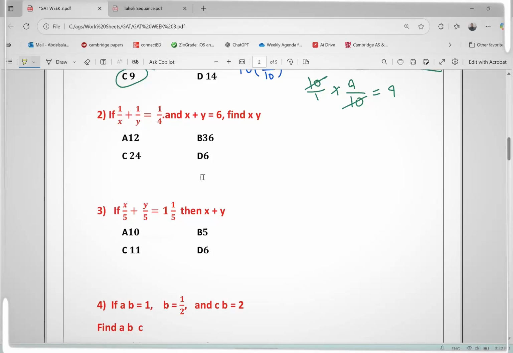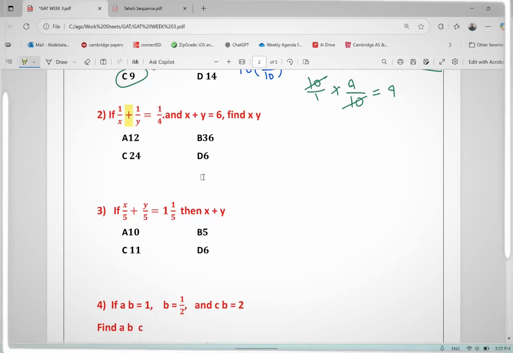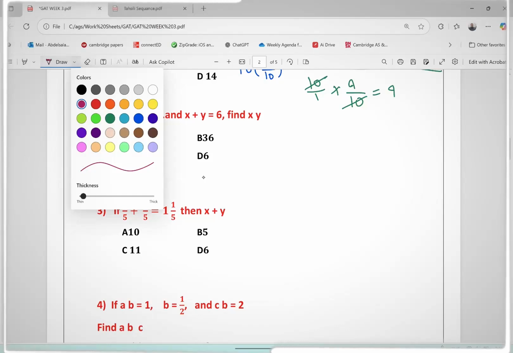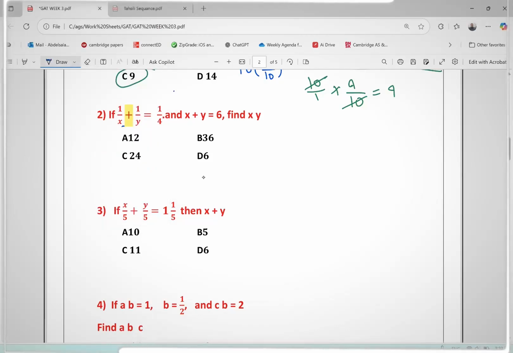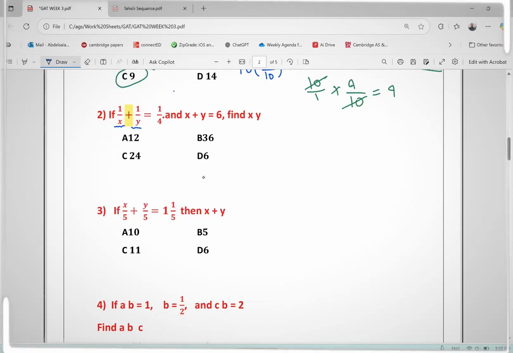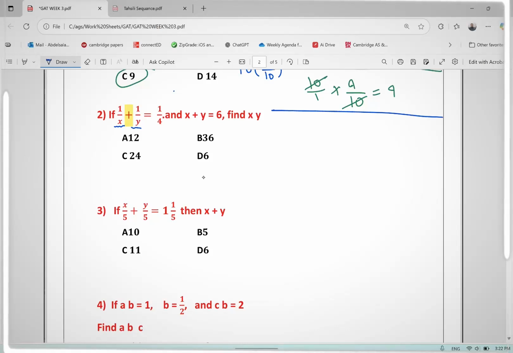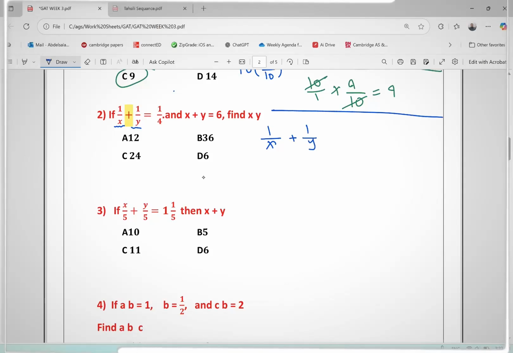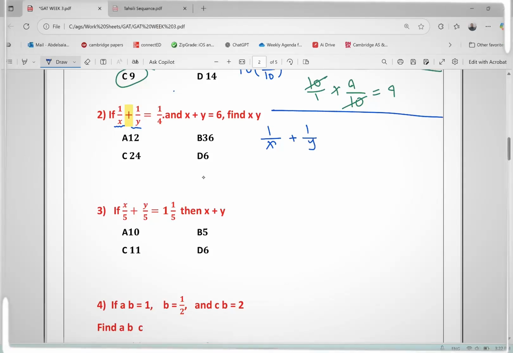I told you, in addition, we should have the same denominator, but in this question, the denominator is not the same. Here I have x and here I have y. Okay, focus with me. I have 1 over x plus 1 over y. Now I'll focus only on the left-hand side.